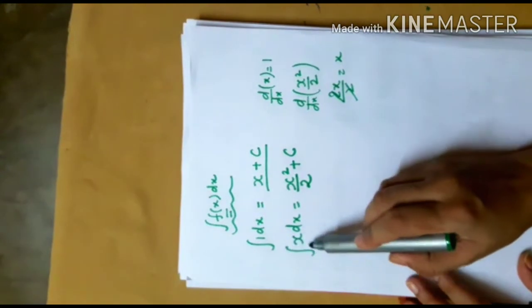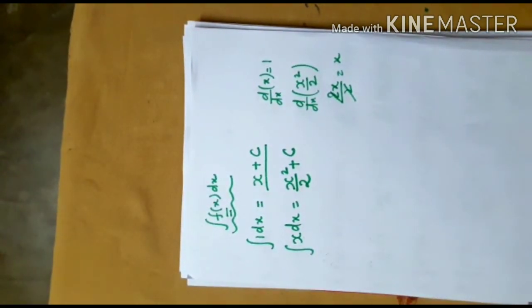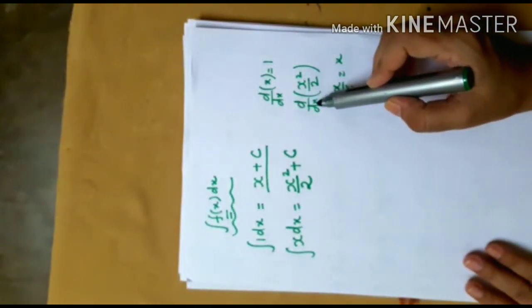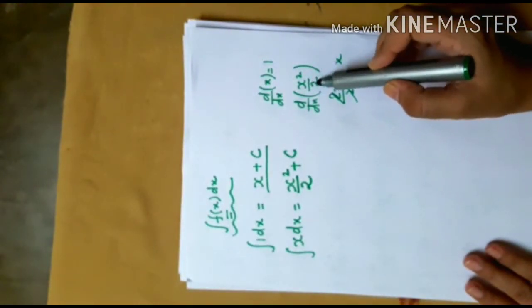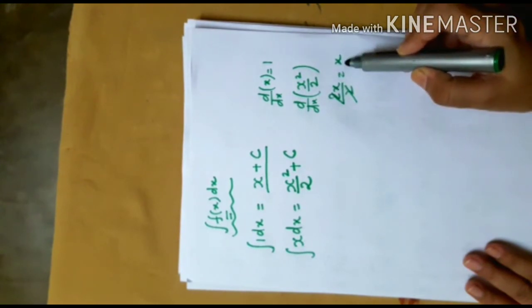Similarly, integration of x dx, that is, you have to find all those functions whose derivative with respect to x is x. Yes, you can see if I differentiate x square by 2 with respect to x, I'll get 2x over 2, that is x.